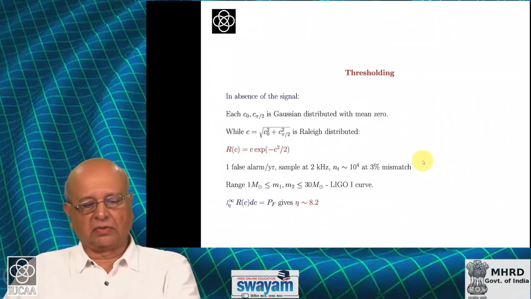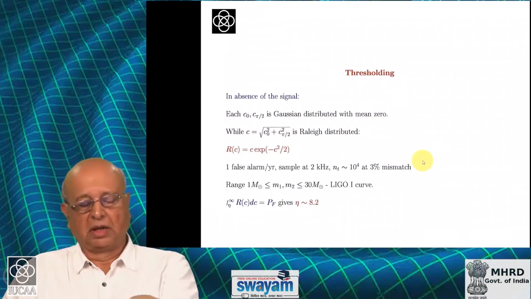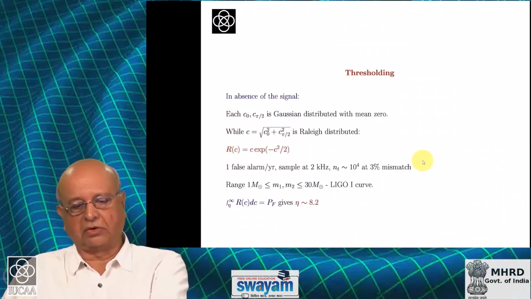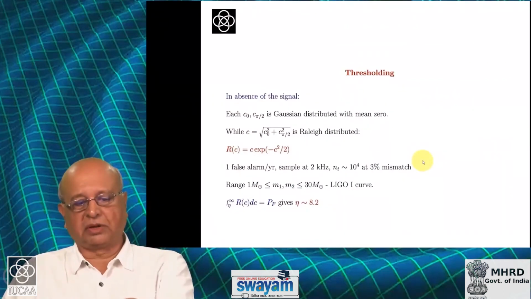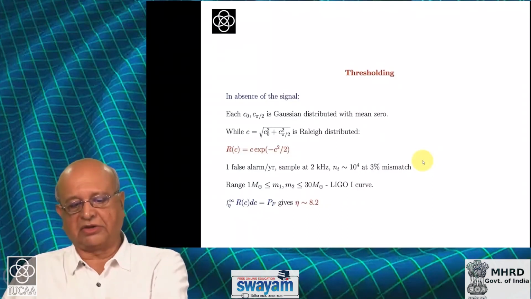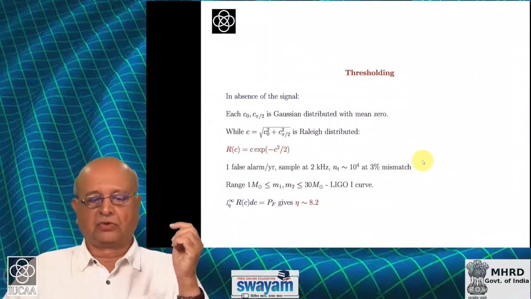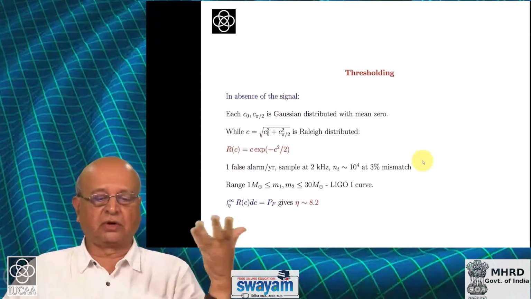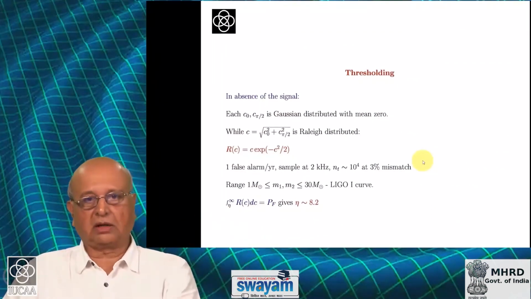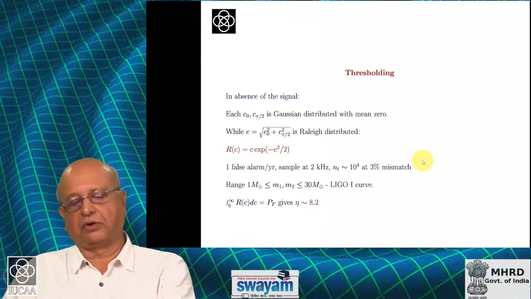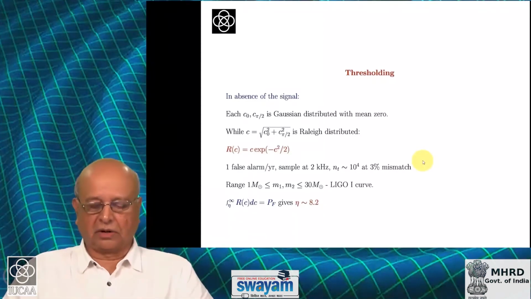So the integral from eta to infinity of the Rayleigh distribution should be equal to P_F. One can calculate what this is going to be: one false alarm a year with 10 to the 4 templates. With 2 kilohertz sampling, there are 10 to the 10 points, N_T is 10 to the 4, so P_F is of the order of 10 to the minus 14 or something like that, and for that you get eta of 8.2 sigma. That is how it is done.